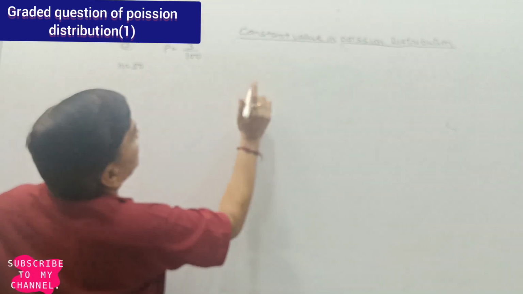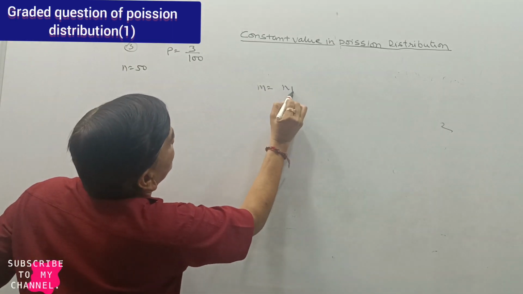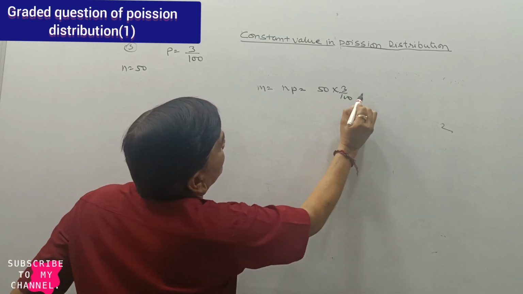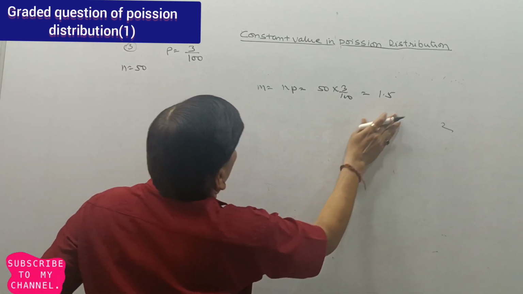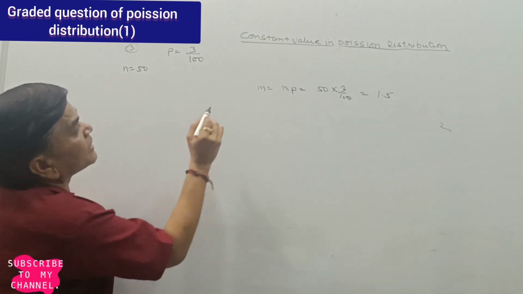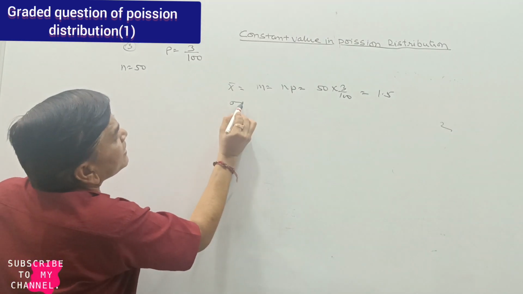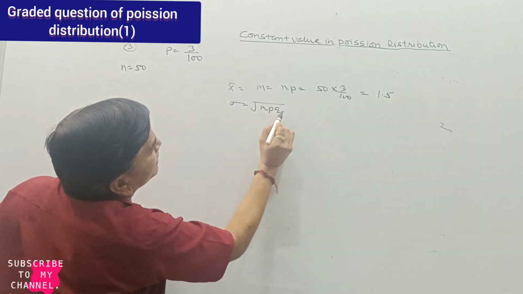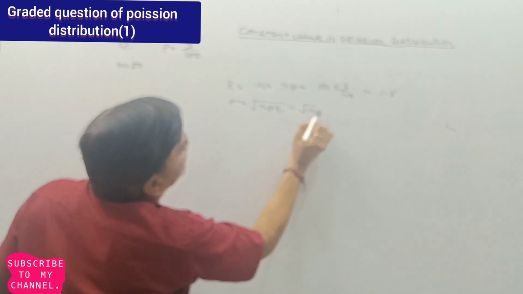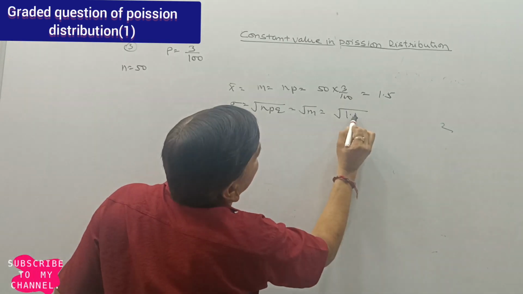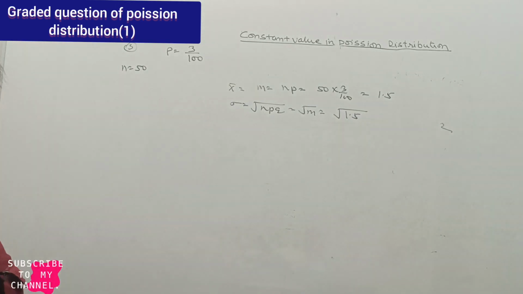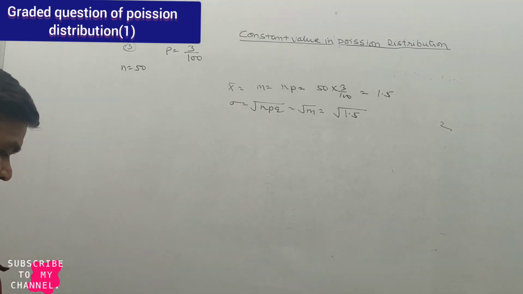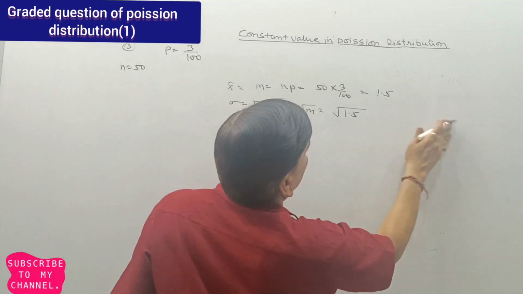Firstly, the arithmetic mean of the Poisson distribution is np, that is 50 multiplied by 3 by 100, which is 1.5. That is x bar. The standard deviation is the square root of npq, where q is approximately 1, so the standard deviation is the square root of m, the square root of 1.5, which is 1.224.